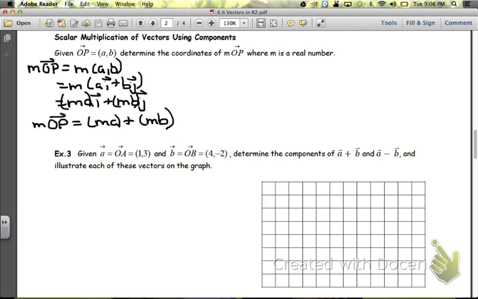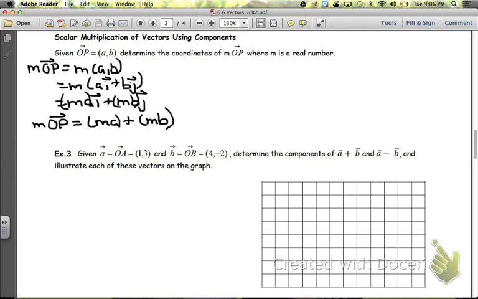Now, in example 3, given that our vector A, which is equal to the vector OA, is (1, 3), and B is equal to the vector OB, which is (4, negative 2), we want to determine the components of A plus B and A minus B, and illustrate each of these vectors on the graph.